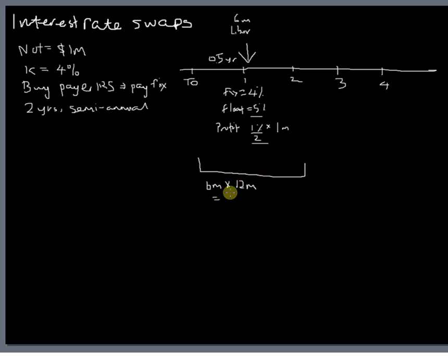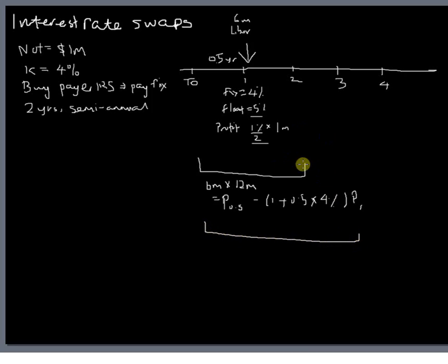If you recall, this will be equal to the zero coupon bond at the first period minus 1 plus 0.5, half a year, times the fixed rate 4%, multiplied by the zero coupon value at year 1. So this is the value of the FRA for this first period.